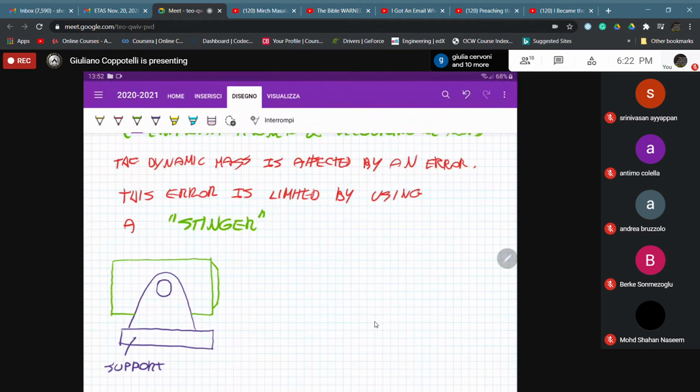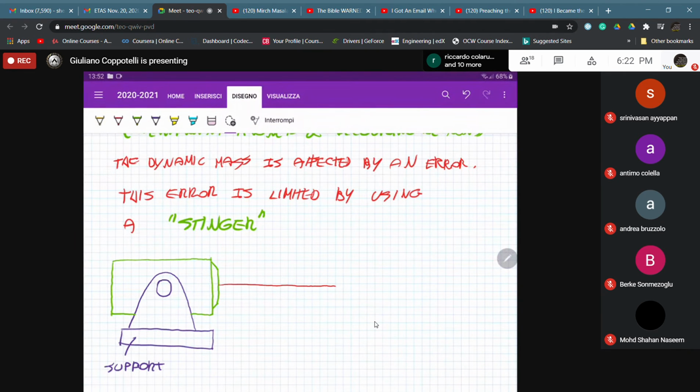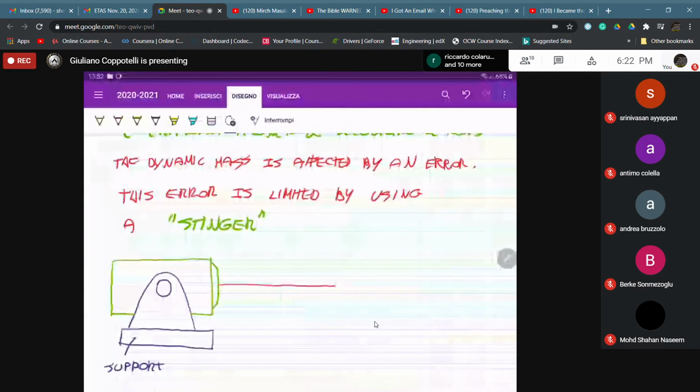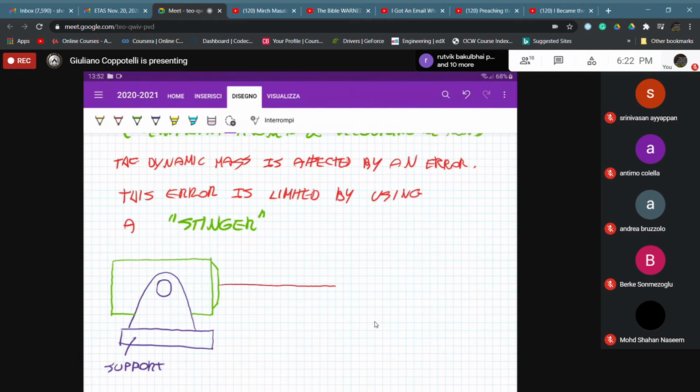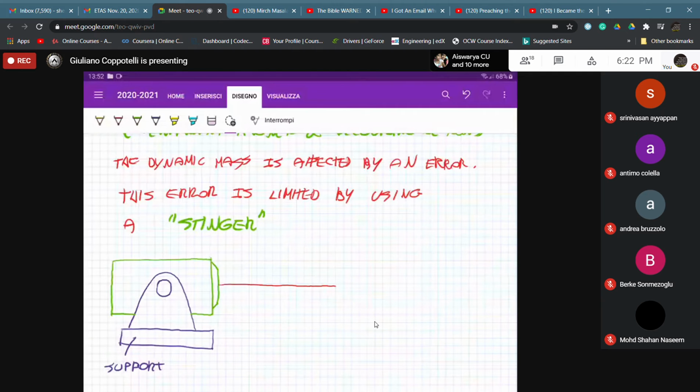Then here we have your stinger, that is a rod with a very large axial stiffness and a very low bending stiffness, so that the shaker can transmit the vibration only in one direction.